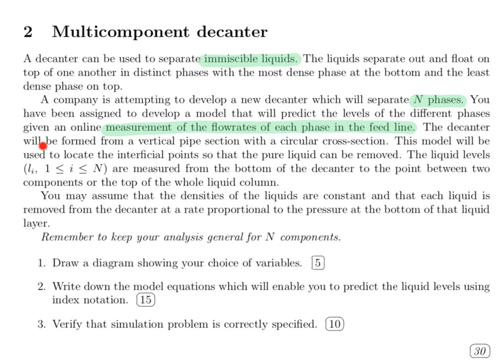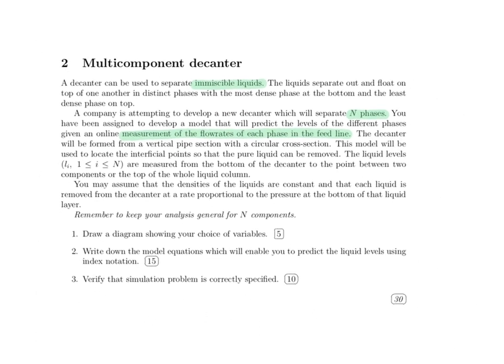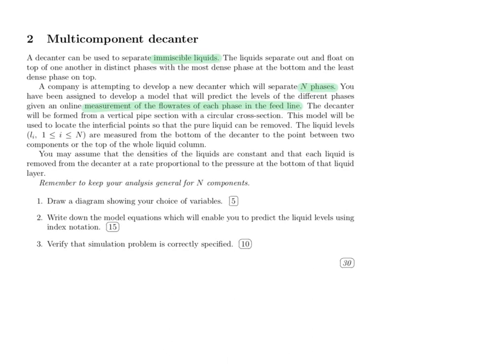The decanter will be formed from a vertical pipe section with a circular cross section. So if I'm doing this on a piece of paper, I'm already sketching for myself a little picture of what the system looks like.